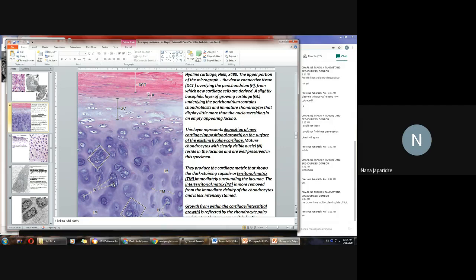This is also part of extracellular matrix. They contain different amounts of collagen fibers and glycosaminoglycans. That is why they are stained differently. Immediately when these cells start to produce the extracellular matrix, they become chondroblast cells and then chondrocytes.